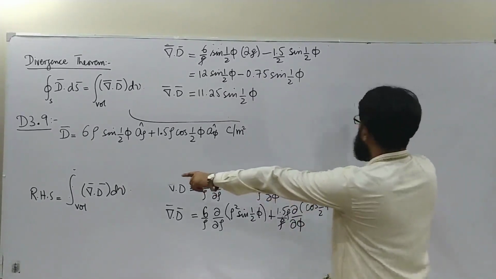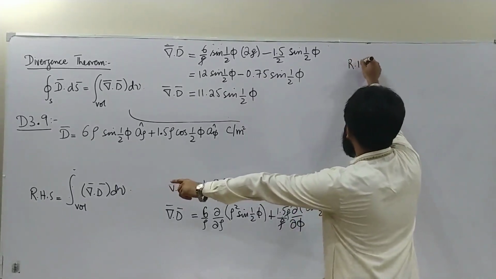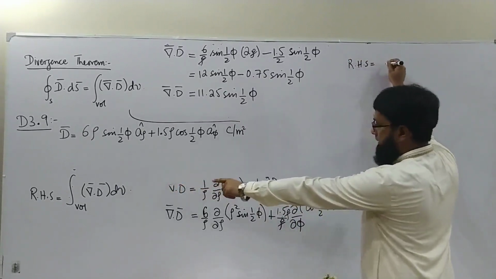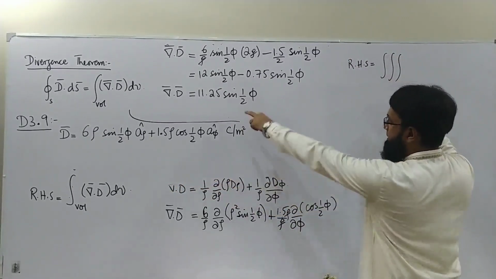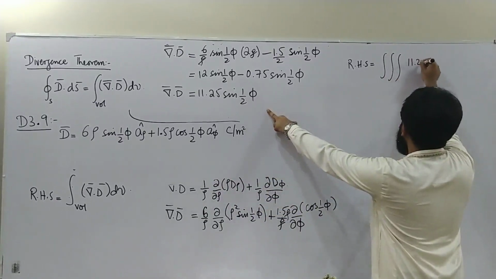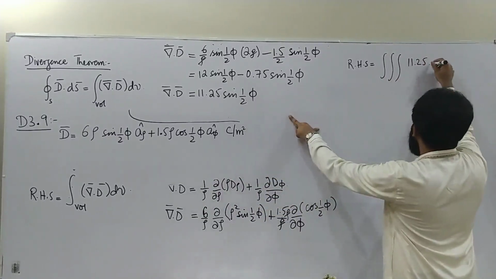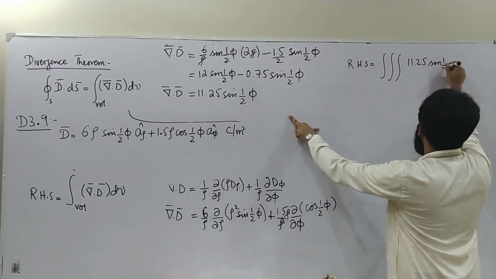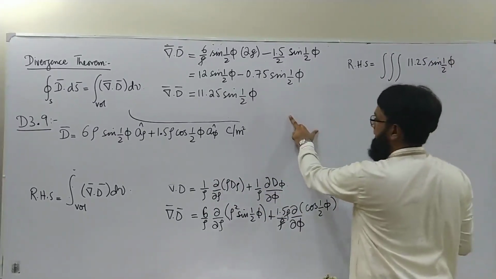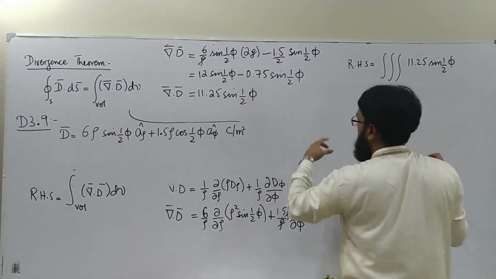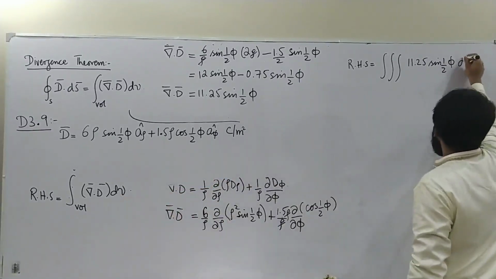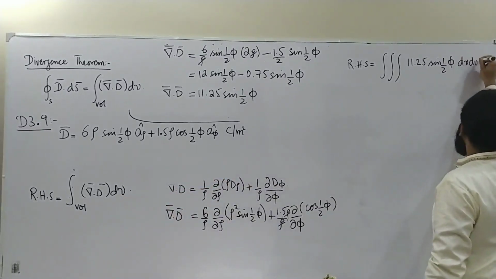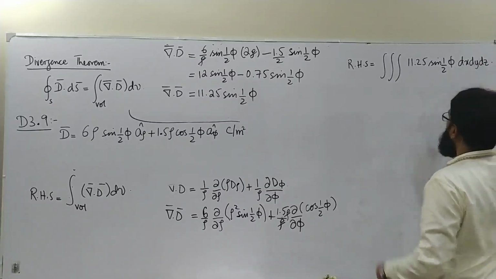So the right hand side is the triple integral of the divergence, which is 11.25 sine half phi, and the differential volume is very easy in the Cartesian coordinate system.